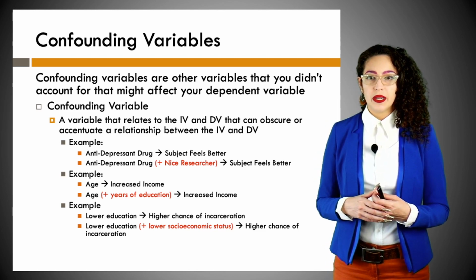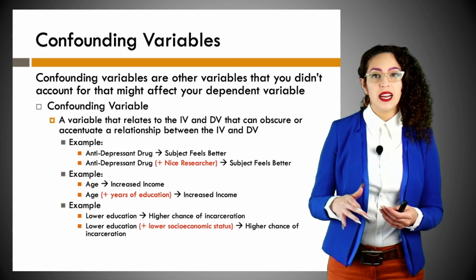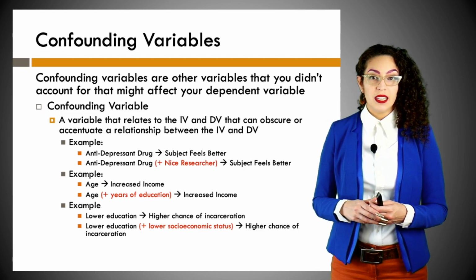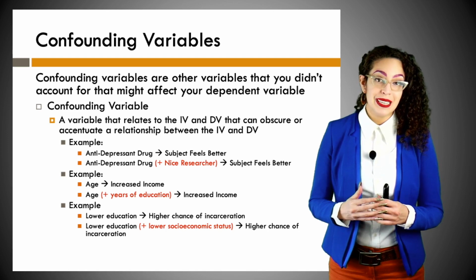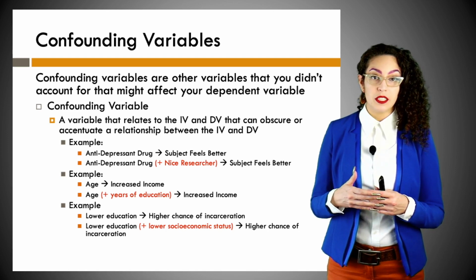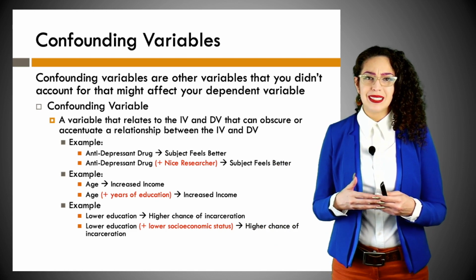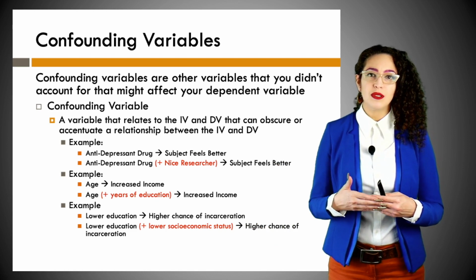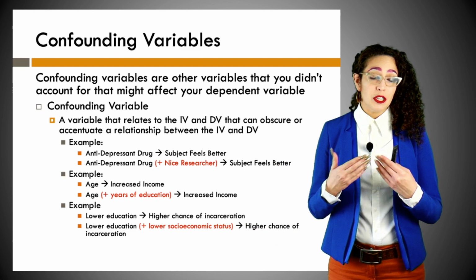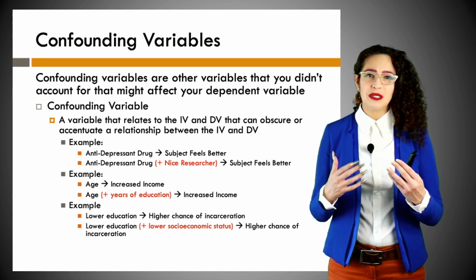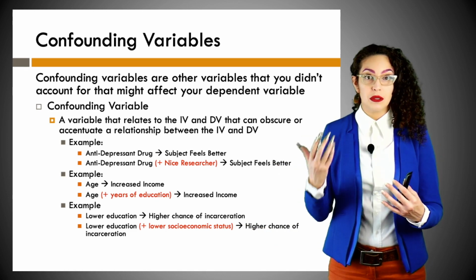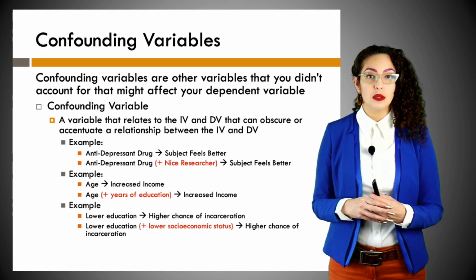And the last one, so we have lower education leads to higher chance of incarceration. Now, this is one of the biggest confounders in most social science research, and it's called socioeconomic status. What that means is basically your parents' education level, income, where you're going to school. It has a lot to do with your social environment, your social and economic status and situation.